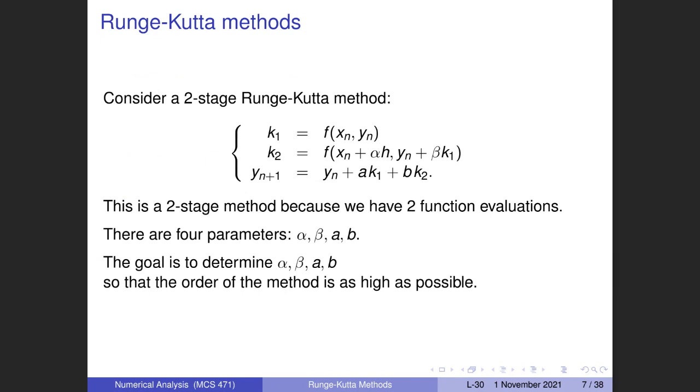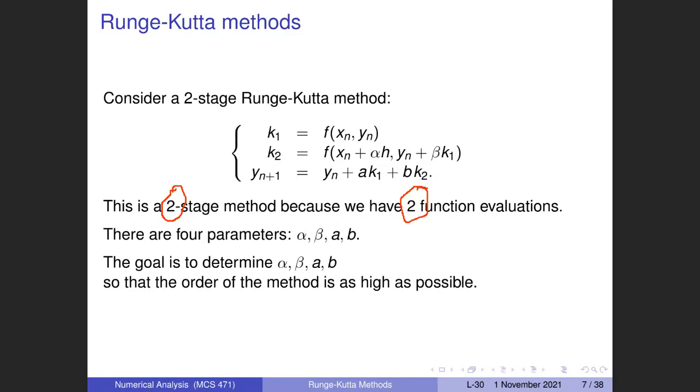Derive the modified Euler method. Here is the general framework for using 2 function evaluations. So you could see this also as another way of programming, turning formulas into programs. What is important here is that the number of stages equals the number of function evaluations.